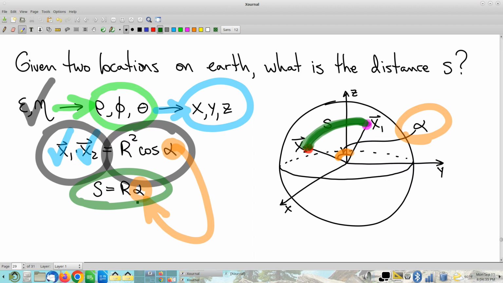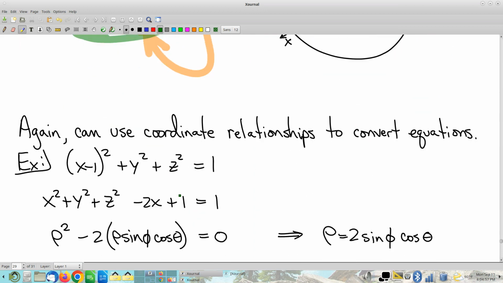You're going to need a calculator to compute sine of this and cosine of that. But the punchline is, this is a pretty straightforward little algorithm, and it computes this curved distance along the surface of the Earth without that much trouble. Everybody happy? All right.